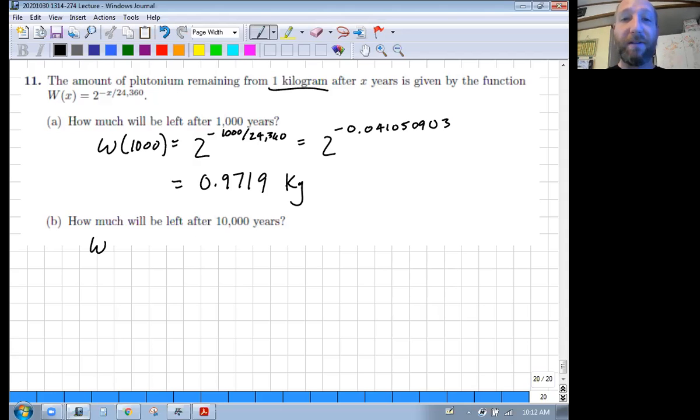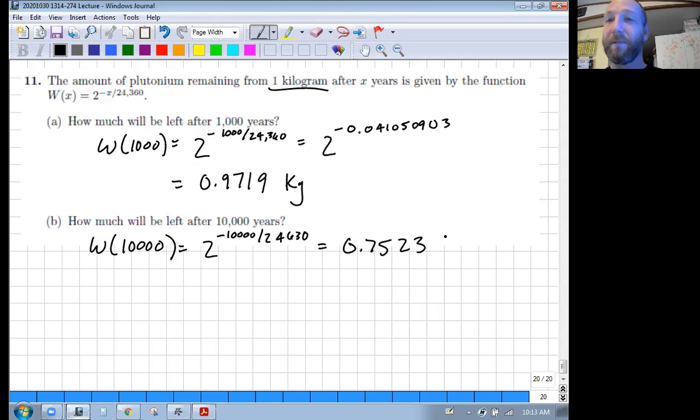Let's look at 10,000 years. This is 2 to the negative 10,000 over 24,360. So if I change my 1,000 to a 10,000, I get 0.7523 kilograms.